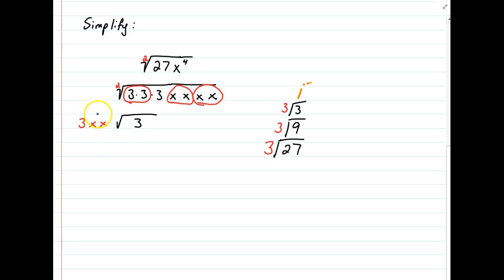Now we clean up or simplify the outside, and that would give us 3x squared rad 3. And since this is a square root, we don't need to write the 2 there. So the square root of 27x to the 4th simplifies to 3x squared rad 3.